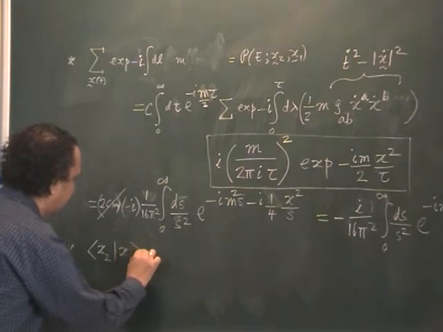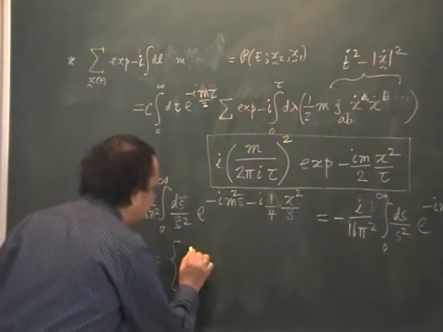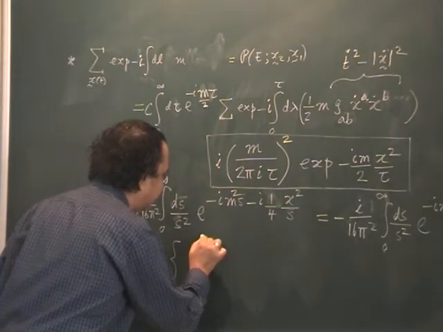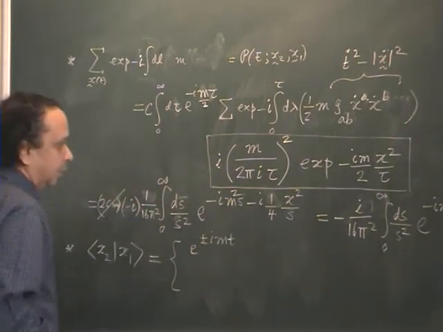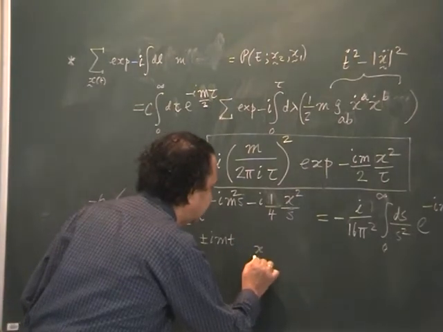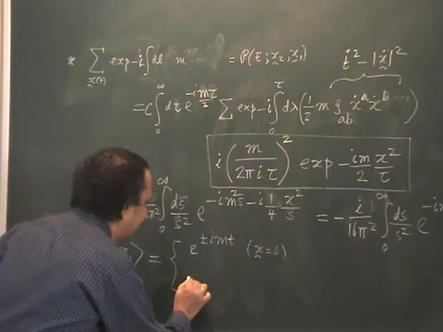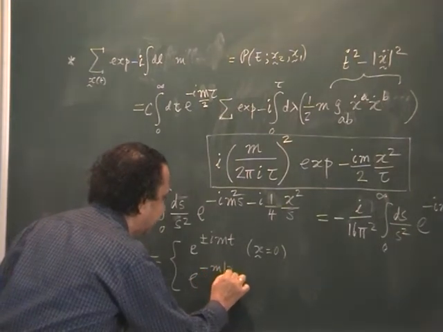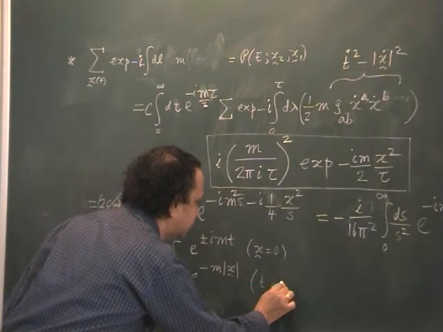it has the behavior e to the, let us say, plus or minus i m t, if you are looking at, let us say, x equal to 0, and it goes as e to the minus m modulus of x, if you are looking at t equal to 0.